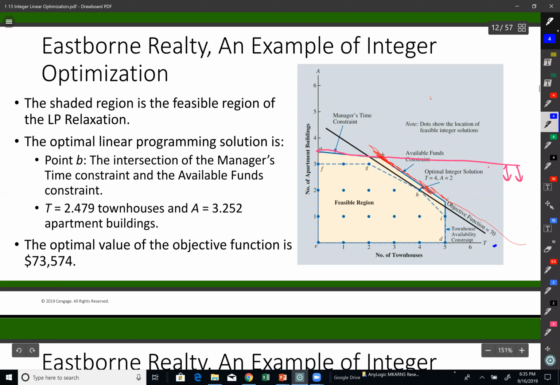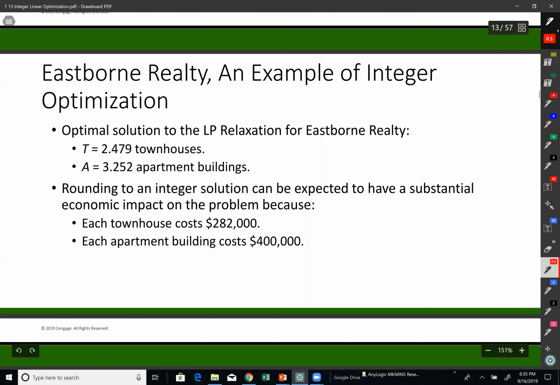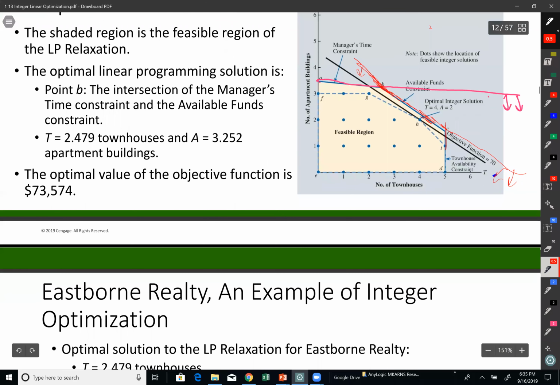Again, it's a less than or equal to constraint, so it has to be under this line. And we have the number of townhouses available constraint, which is right here. I'll just use a different color. Again, it's a less than or equal to constraint, so everything here will be a feasible area.